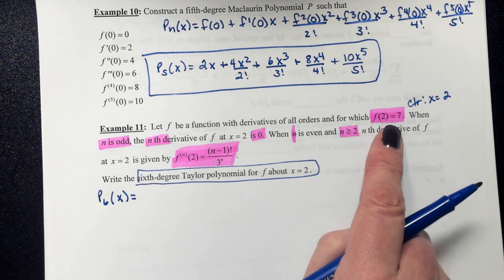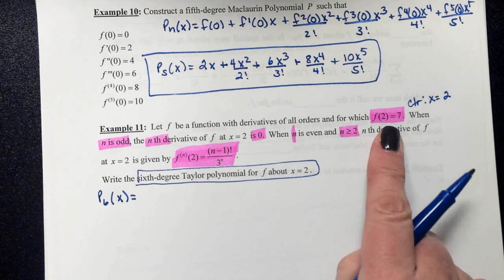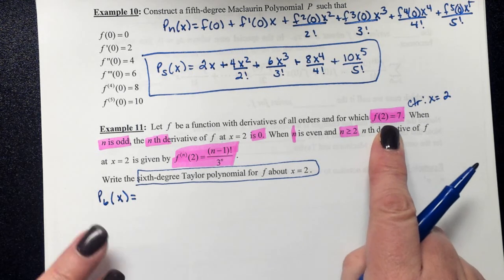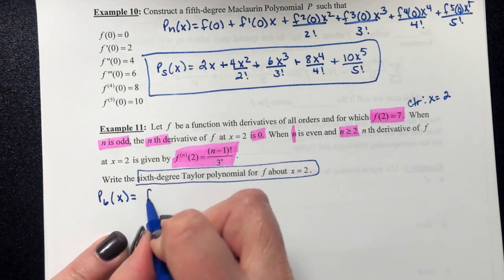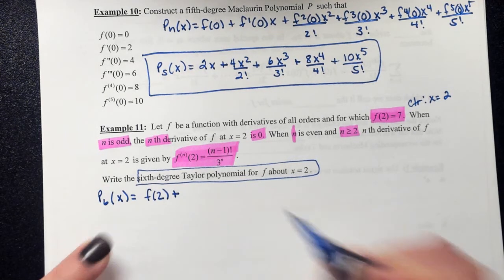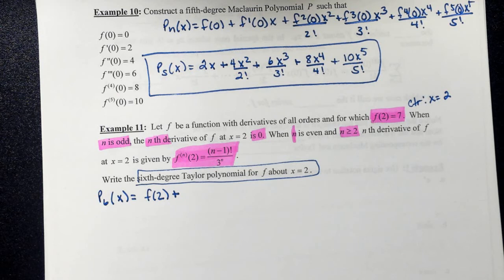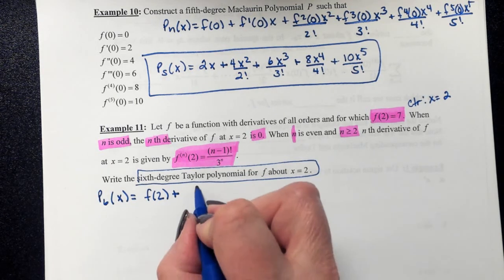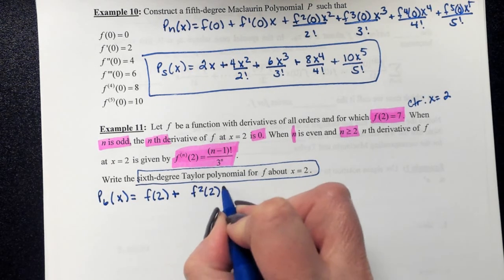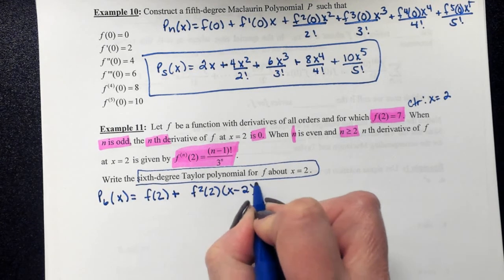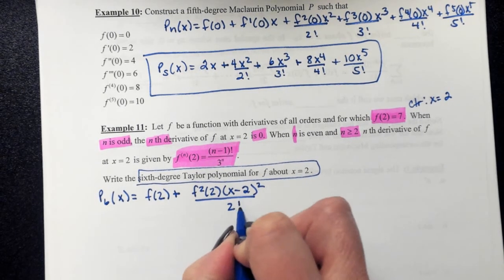So the only thing remaining are the even powers for x in this particular Taylor polynomial. So I know that the 6-degree Taylor polynomial is going to be f of 2 plus the first derivative will cancel out because it's odd. So I'll have the second derivative at 2 times (x minus 2) to the second all over 2 factorial.